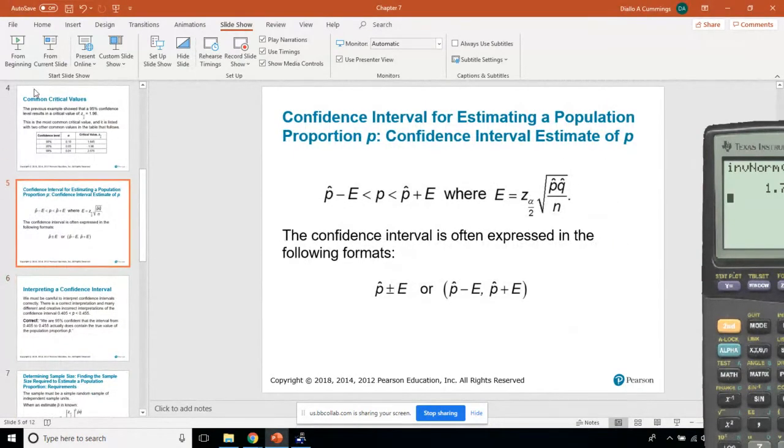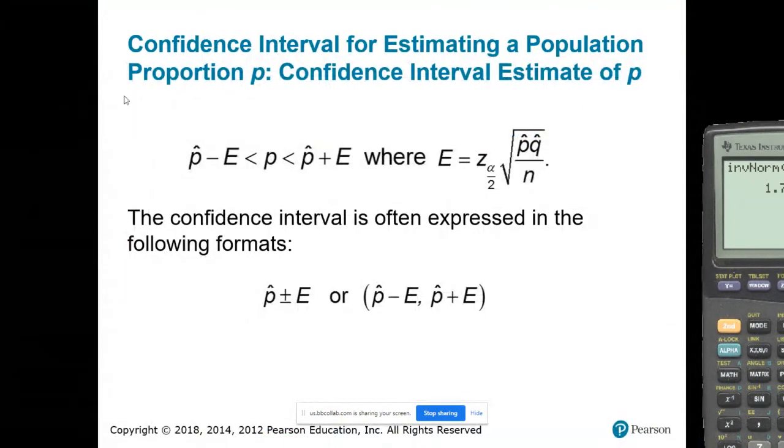All right, now we'll actually talk about a confidence interval. Here we're estimating the population proportion P by using what's called a confidence interval. Remember that P hat was the best point estimate for our population P. In our interval, we have P hat minus E, and E is called the margin of error.